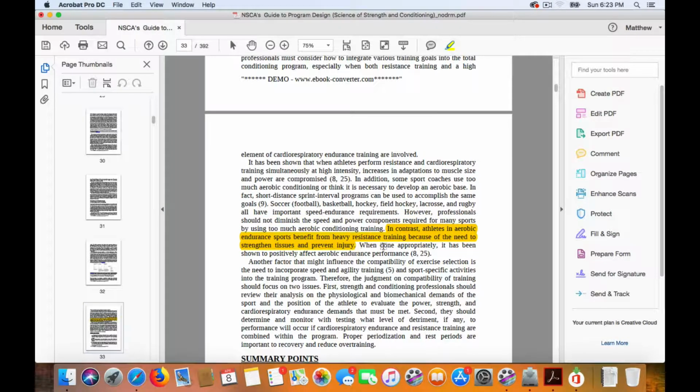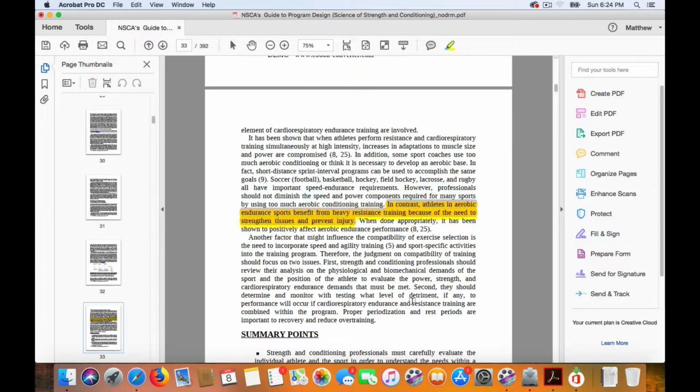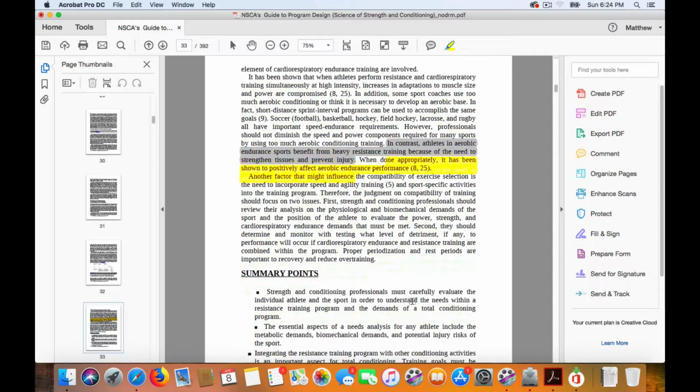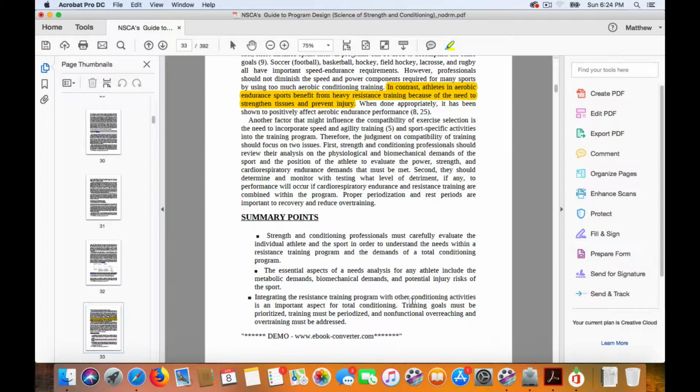Like I was talking with some of the baseball athletes, they can benefit from that because it allows them a buffer of sorts to prevent injury in the tissues and in the ligaments throughout the season. So remember, you're not just working on one game here, you're working on a season and year to year. So proper periodization and rest periods are important to recovery and reducing overtraining.